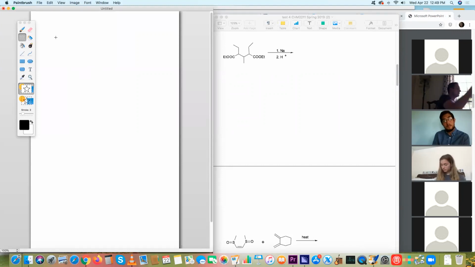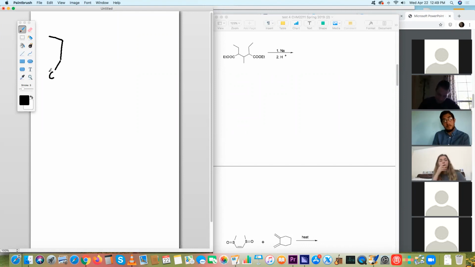Well, I'll just draw it out here so I can number things. Now, what makes this an Acyloin condensation is the reagents, which is sodium, metallic sodium, and H plus as a second step.